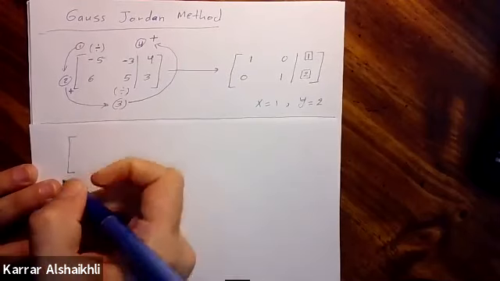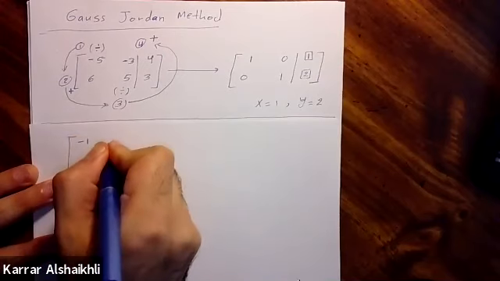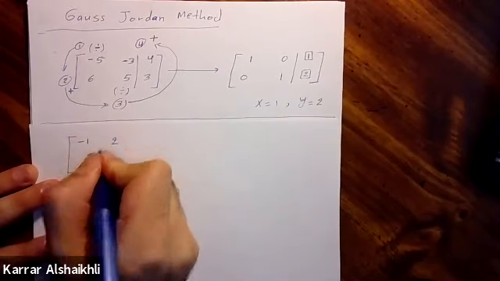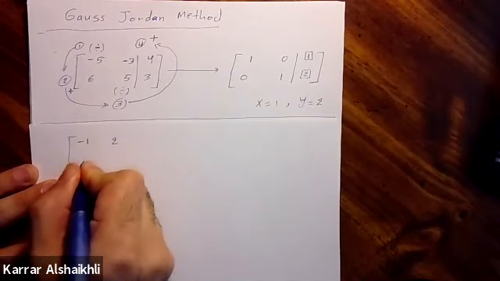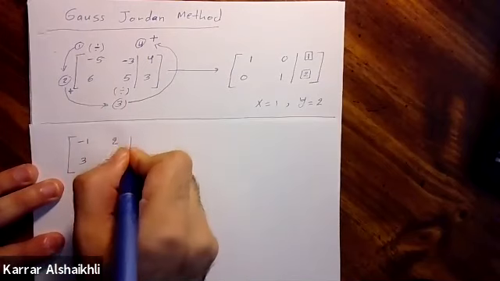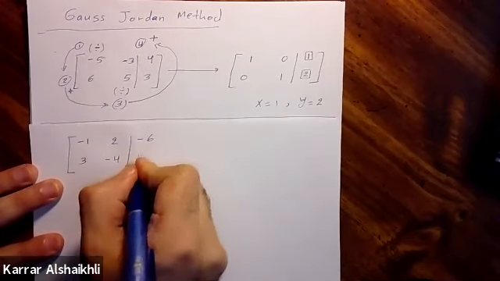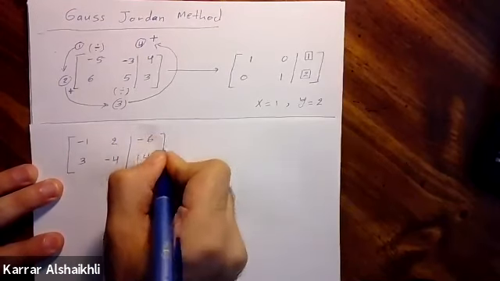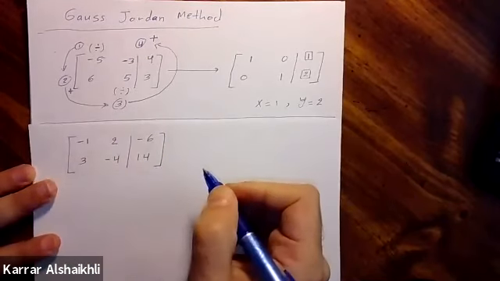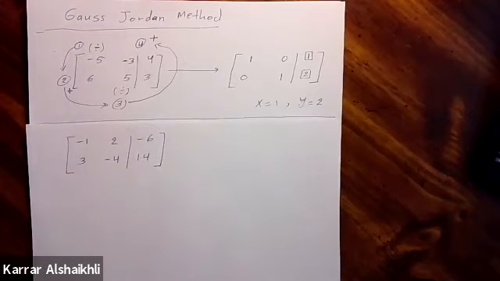We need to find the solution for this matrix, which is -1, 2, 3, -4, and here is -6, and here is 14.